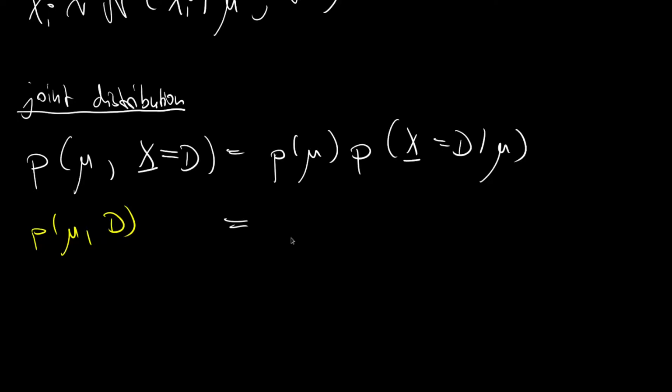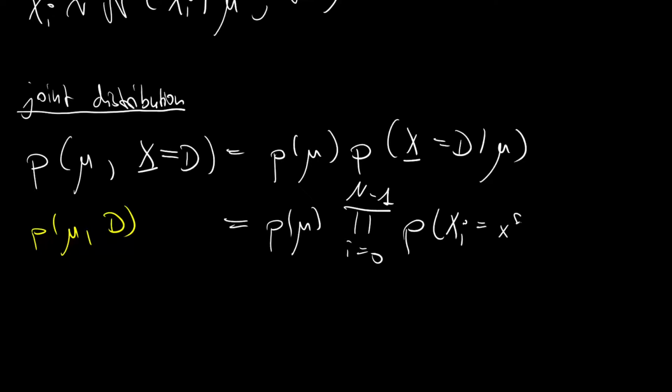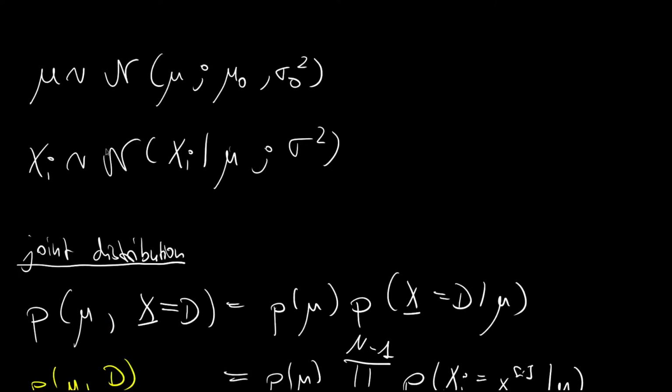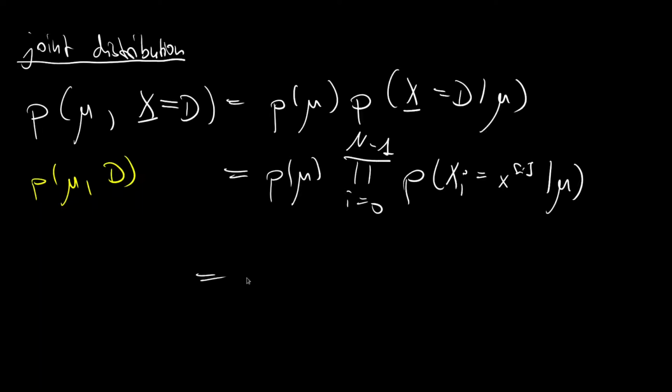Then let's plug in what we have. So here we have again the p of mu, and under our IID assumption that we also used for the likelihood, we can just use the product from i=0 to capital N-1 over p of xi, the ith grade observation under the latent mu. And if we then plug in the distributions that we modeled here, we have p of mu is the normal distribution over mu under the deterministic parameters mu0 and sigma 0 squared.